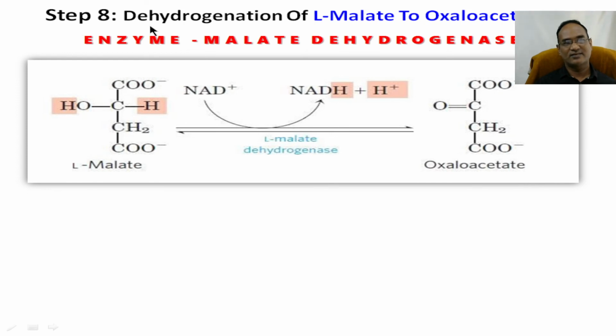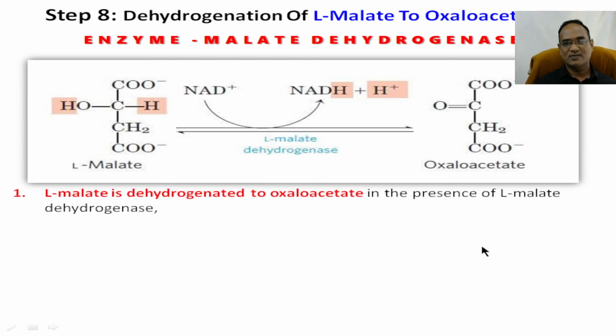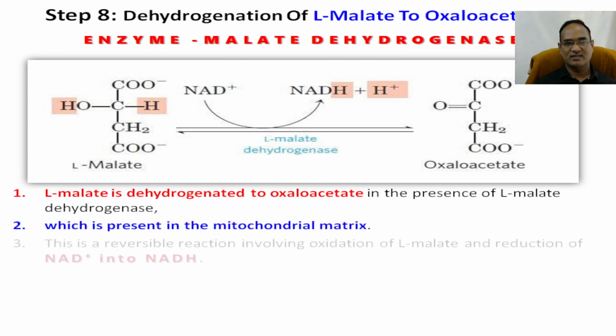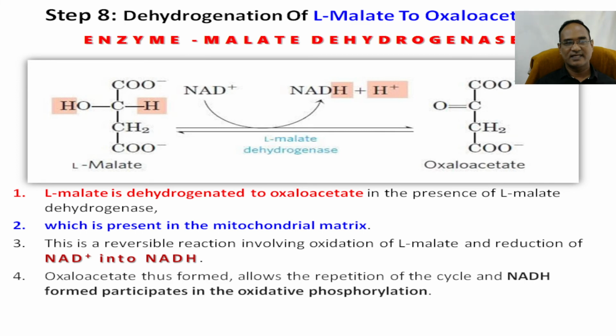So at the end of the eighth step, the Krebs cycle is going to start one more cycle. In this process, L-malate is converted into oxaloacetate. For this process, NAD plus is converted into NADH. So this reaction completes the Krebs cycle.